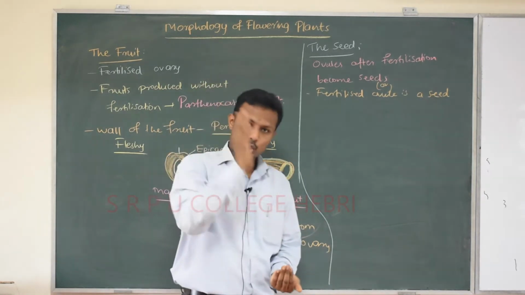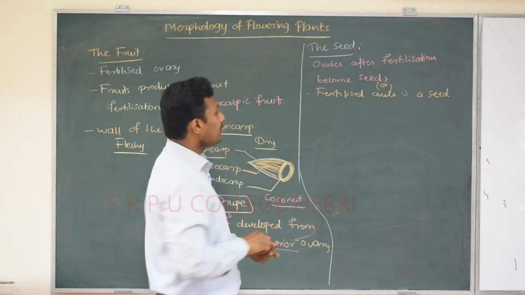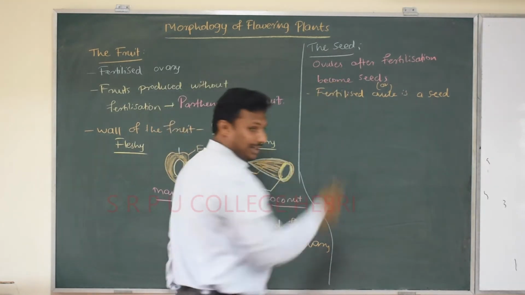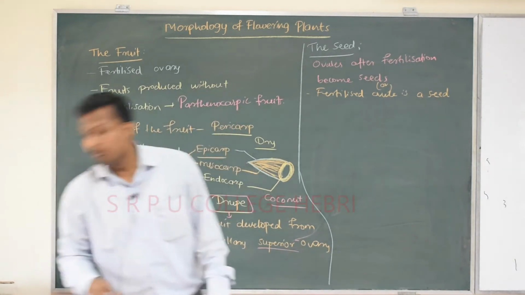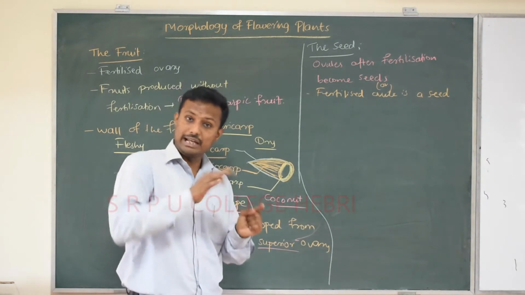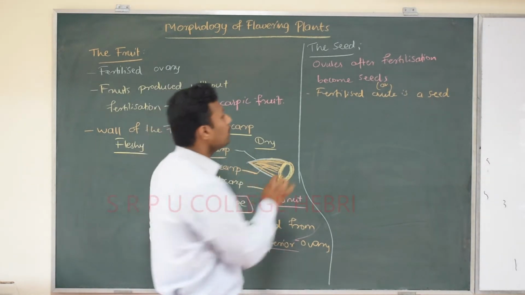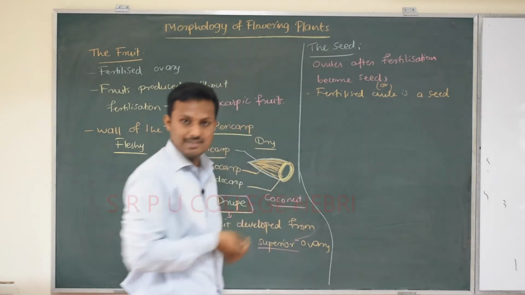So, the monocotyledonous seed will be different from the dicotyledonous seed. Let us first study the structure of the dicot seed, and then we can go for monocot. But before the detailed study, we need to know what a seed consists of.